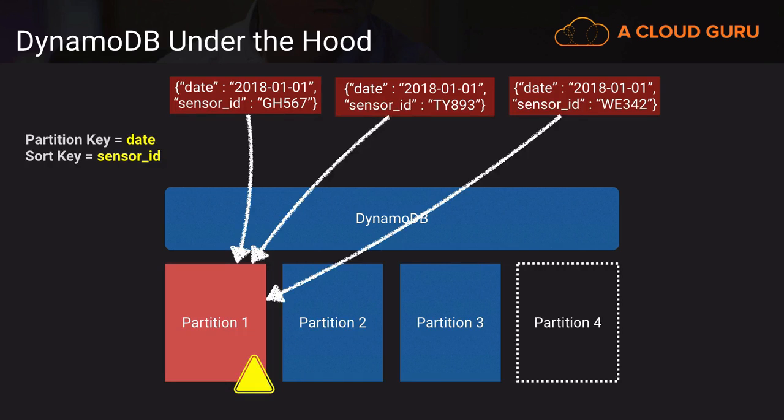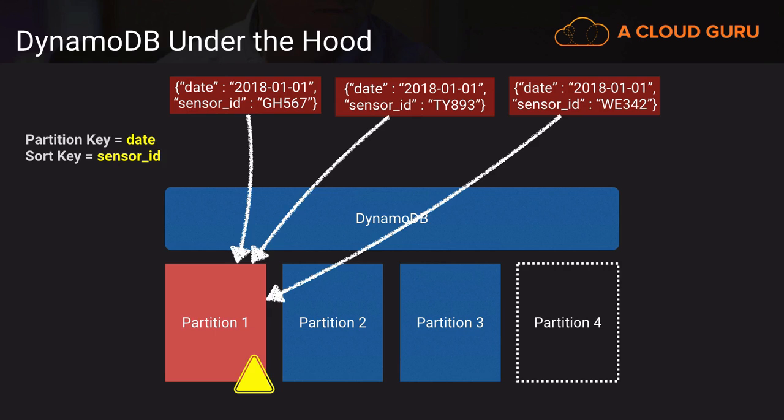Let's take, for example, a scenario where we've designed a data collection system where we're getting data from sensors, and we've chosen to use a partition key of date. Well, the problem is we get a lot of sensor readings every day. So from a write perspective, we're going to be hitting that same partition, because when the date gets hashed out, it's going to be the same.